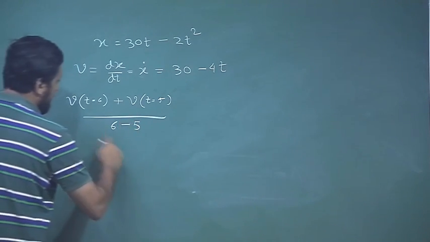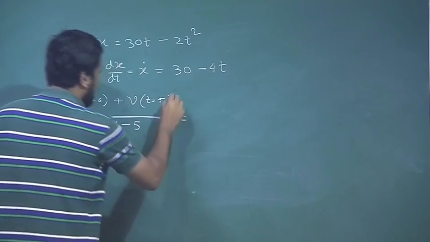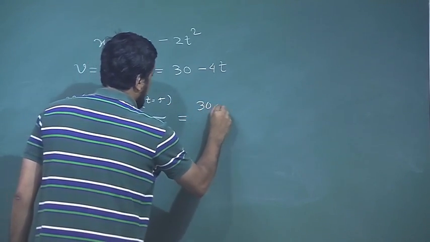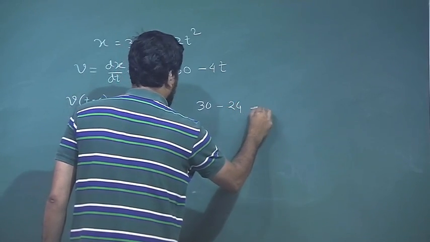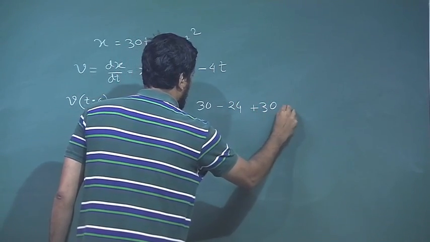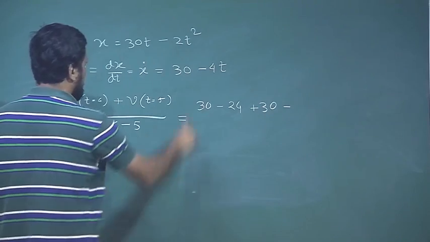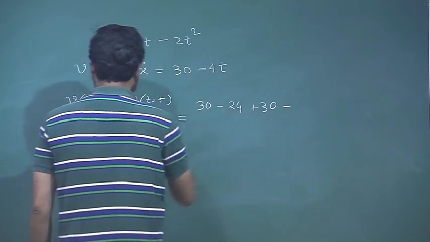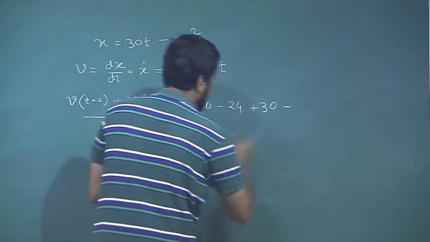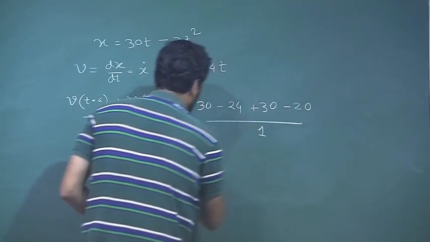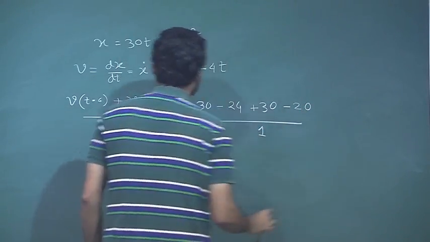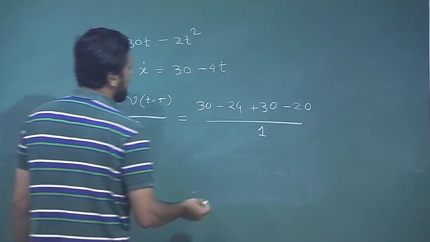In this case the denominator will be 1, and the upper part will simply be 30 minus 24 minus 30 plus 20, sorry, for t equal to 6 and 5 it is 30 minus 24 and 30 minus 20, divided by 1. Let us assume that the unit is meters per second.